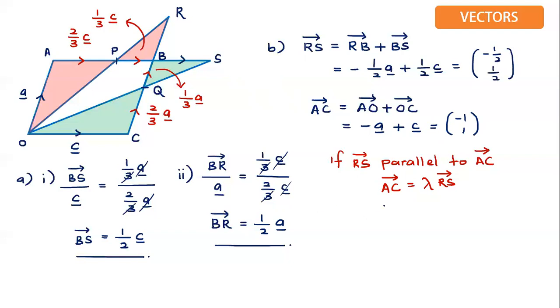Understand? This is supposed to be negative 1 and 1. So this one is lambda times negative 1 over 2, 1 over 2. I put it this way, class, to save my space.